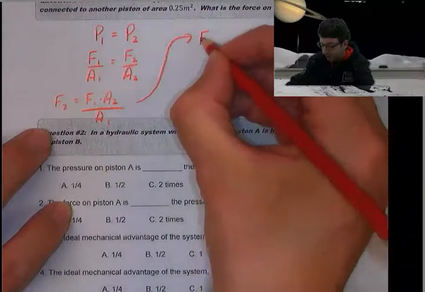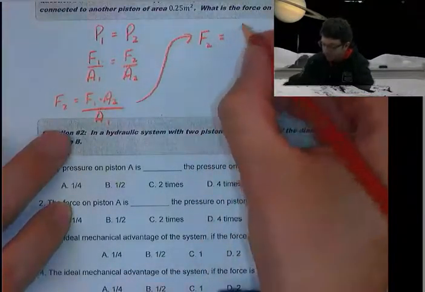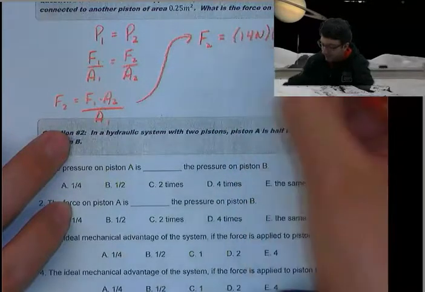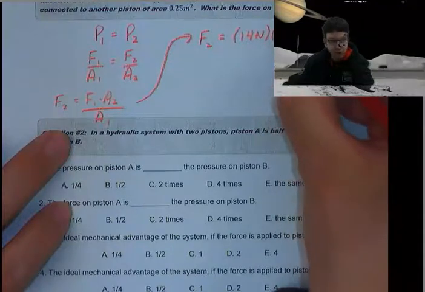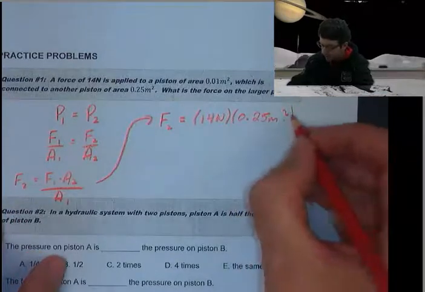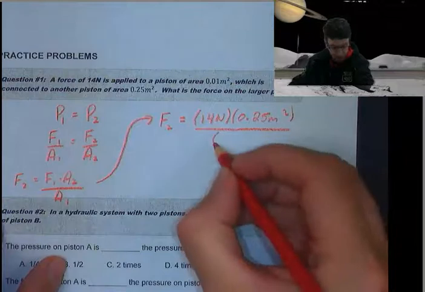So let's put in all of our known values. F1 is 14 newtons. Our second area is 0.25 meters squared divided by our first area, which is 0.01.